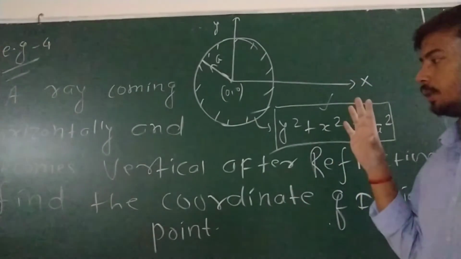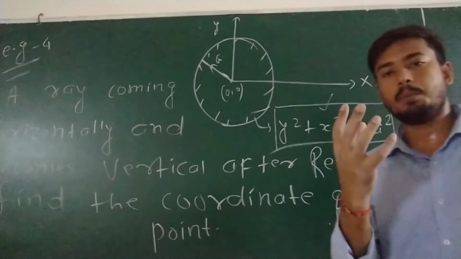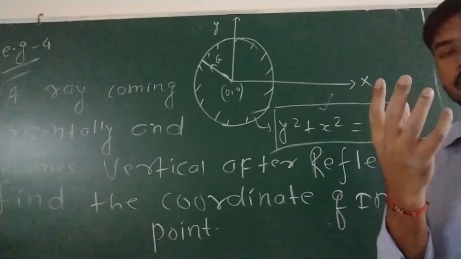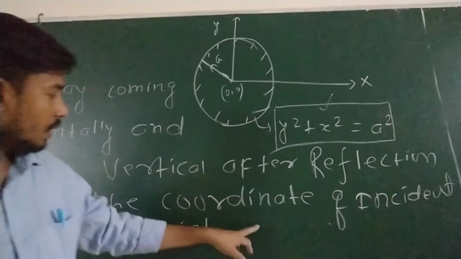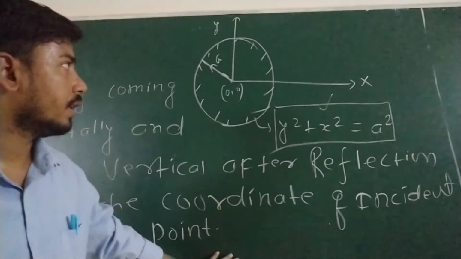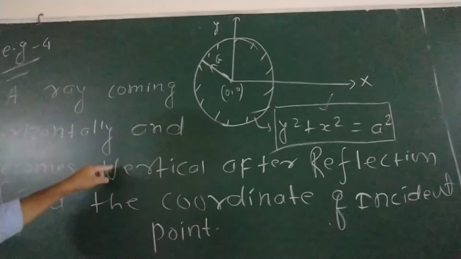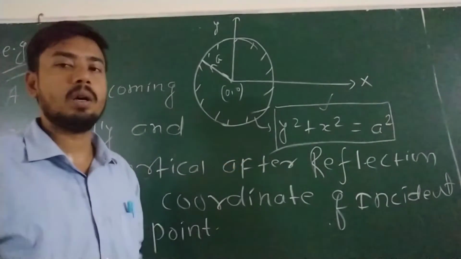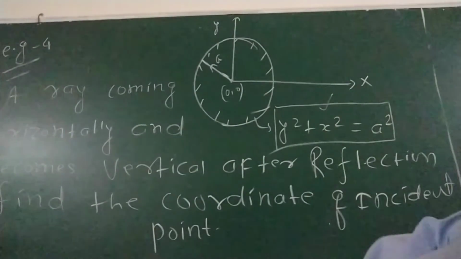Otherwise it is the same question. In the previous question they also asked the coordinate of the incident point; similarly here they have asked the coordinate of the incident point. The ray is coming horizontally and after reflection becomes vertical. So just start the solution.